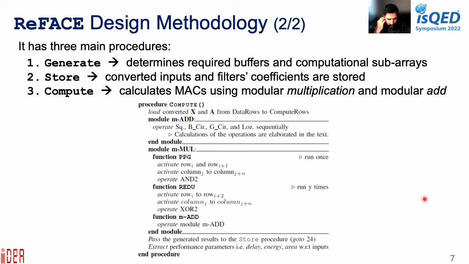Then the main calculation, which is MAC operations, is performed in the compute module using modular multiplication, as you can see here, M mul, and modular add, or M add. The first step's final output is written back to a subarray for the MAC operation at the next level. I'll show you using a simple example.